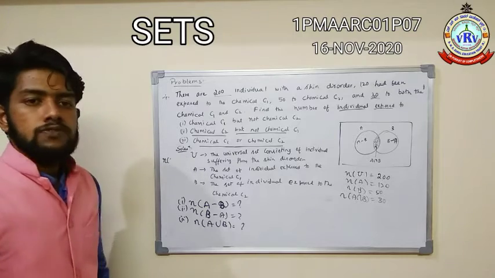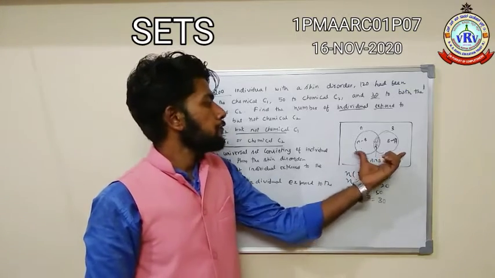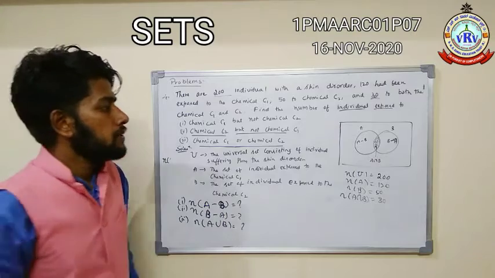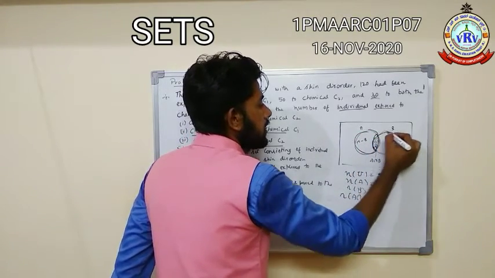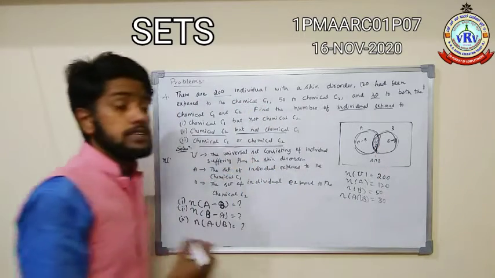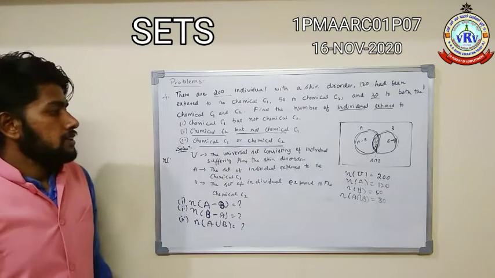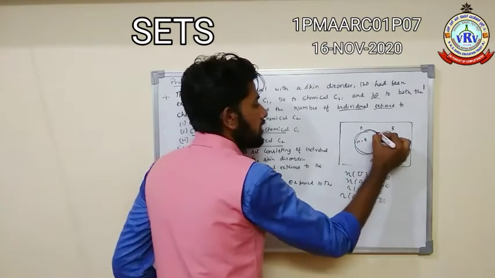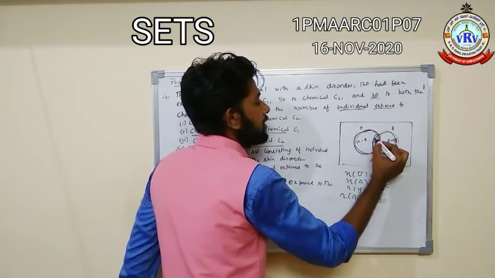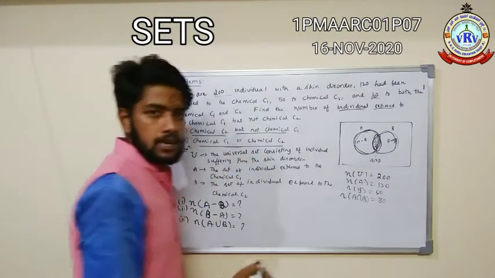For that we should know the proper way of drawing this Venn diagram. A minus B, A intersection B and B minus A are three disjoint sets that we should know, and the number of elements in the set A and in A intersection B are given.